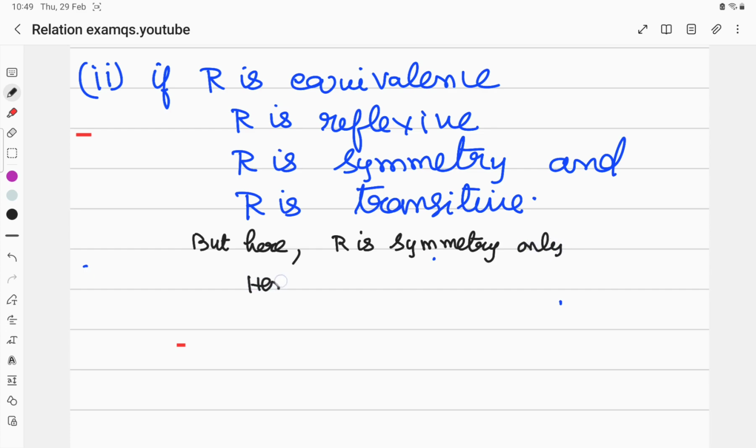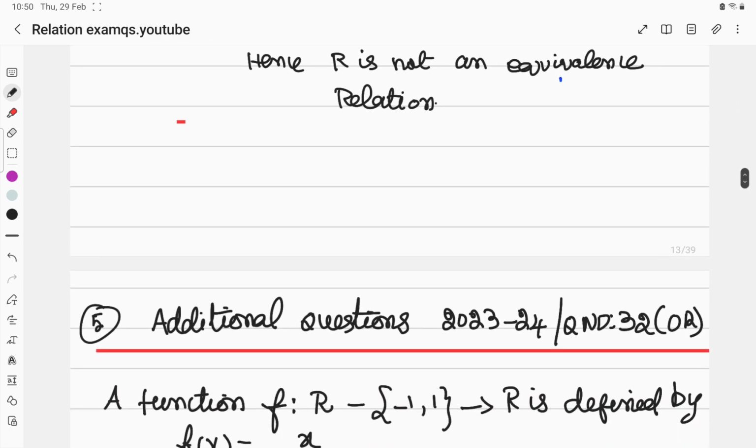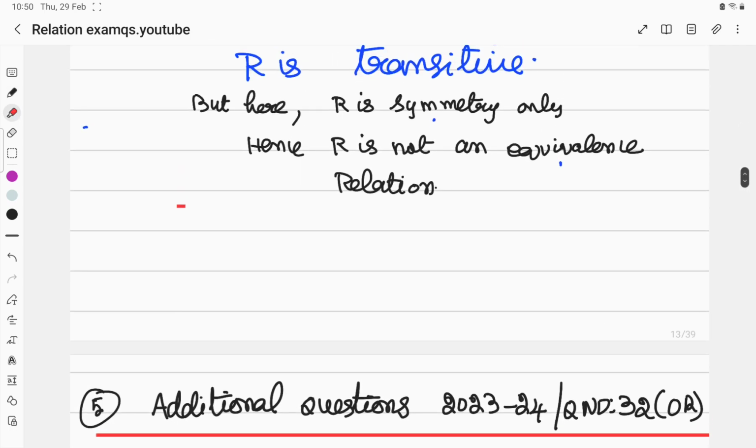Hence, R is not an equivalence relation.